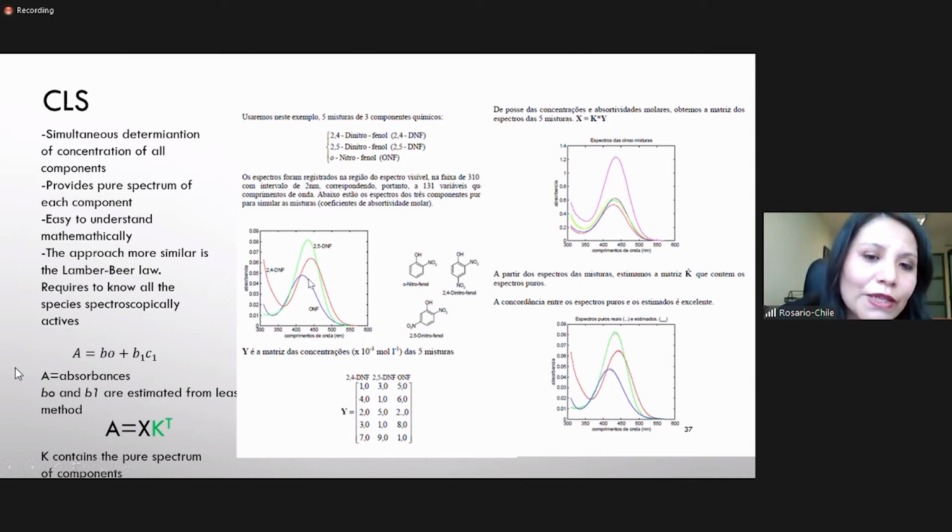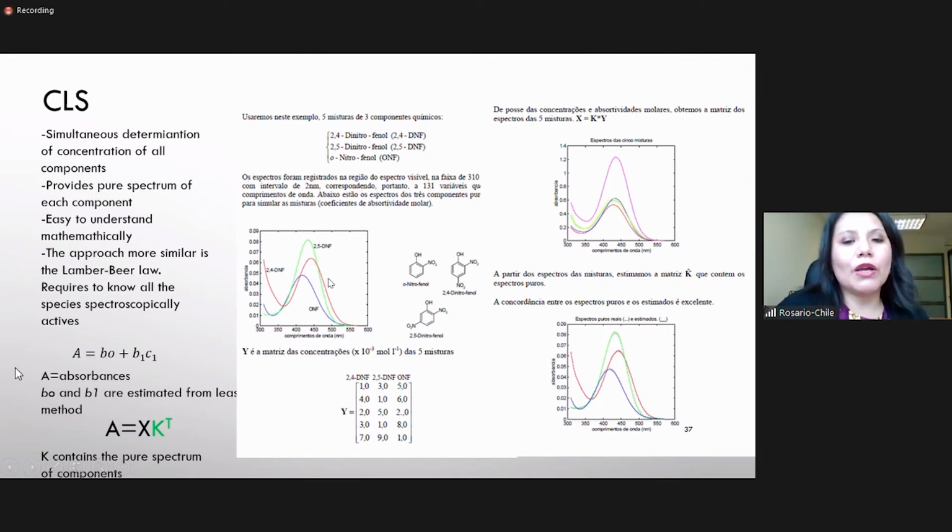If we use univariate calibration, it will be impossible to quantify the compounds in each sample of mixtures, because the signal is affected by the signal of the other compounds. So it's very difficult. The maximal wavelength here with the absorbance is practically the same. So maybe it's impossible to solve this problem with univariate calibration.